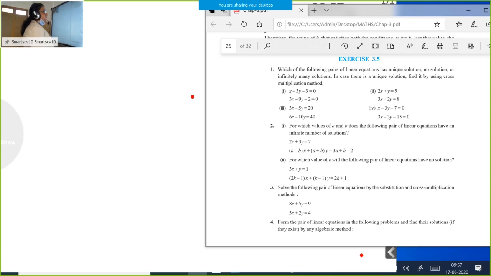Infinite solutions means the ratio of the coefficients a1 by a2 is equal to b1 by b2 is equal to c1 by c2.